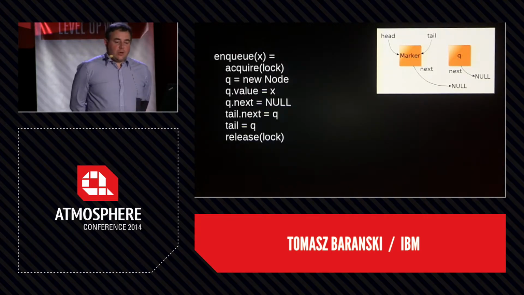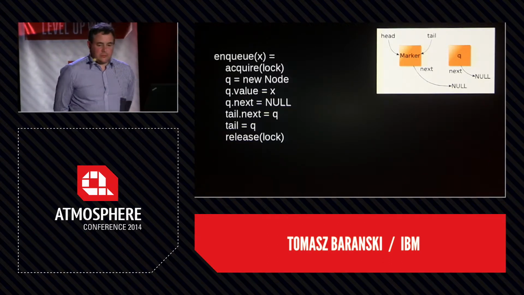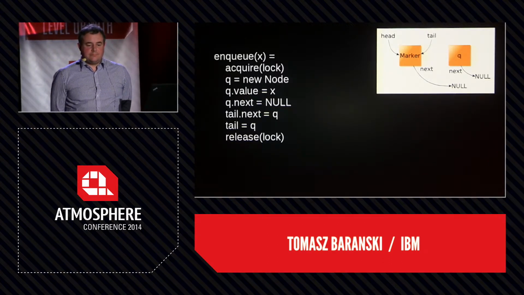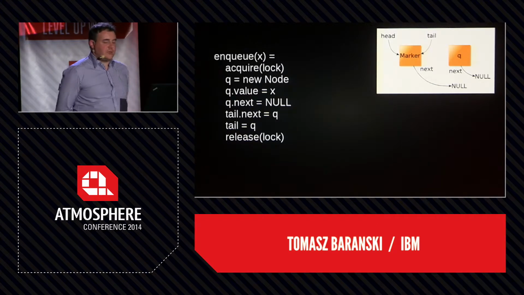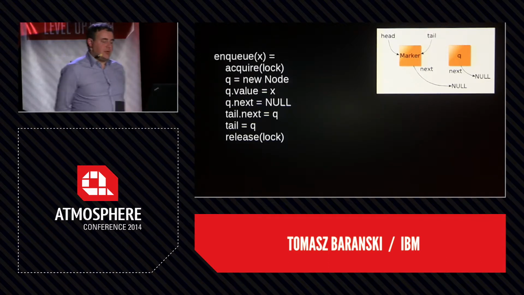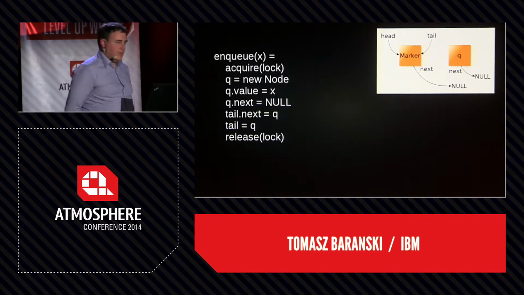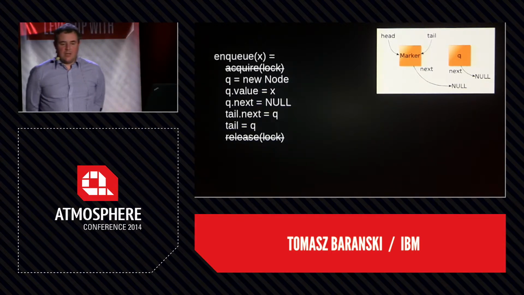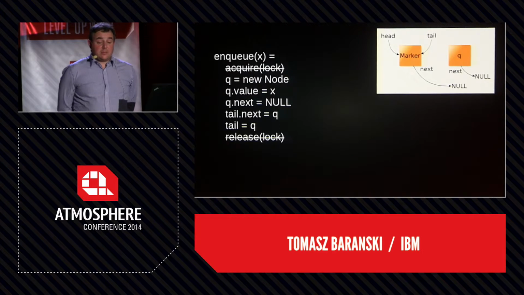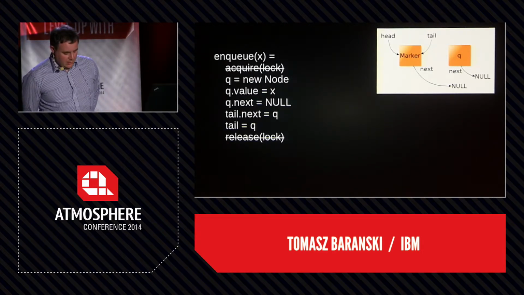And if we use locks, the enqueue operation is very easy. Acquire lock, create a new node. Tail of the queue starts pointing to our new node, and the former tail's next points to the newly created element, and then release the lock. Easy. If we get rid of the locks, then we can find problems.